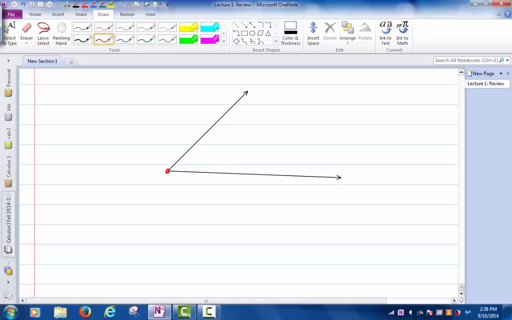Whenever you have an angle, one side of the angle is called the initial side, and I am going to denote that by I. And the other side is called the terminal side, and that's going to be denoted by T.